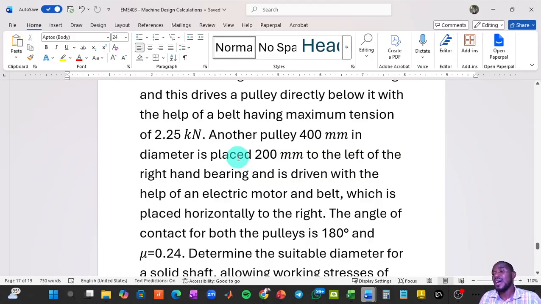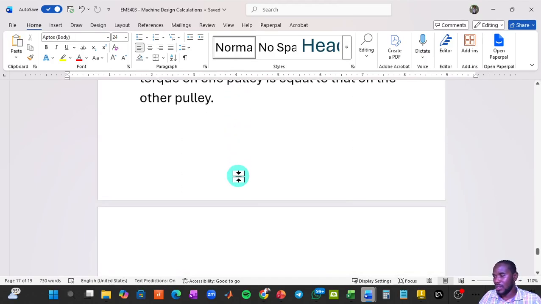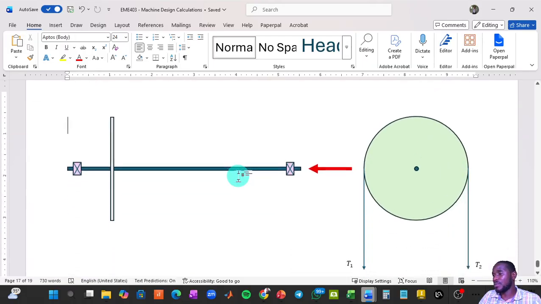Then it says another pulley, 400 millimeters in diameter, is placed 200 millimeters to the left of the right hand bearing, and this one is driven with the help of an electric motor and belt, which is placed horizontally to the right. Okay, so let's get our diagram again.